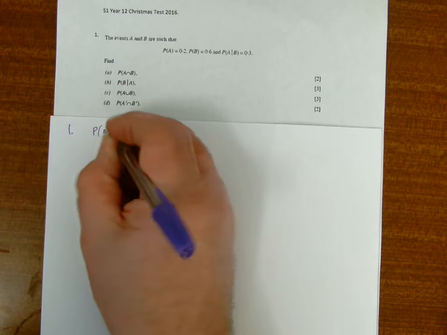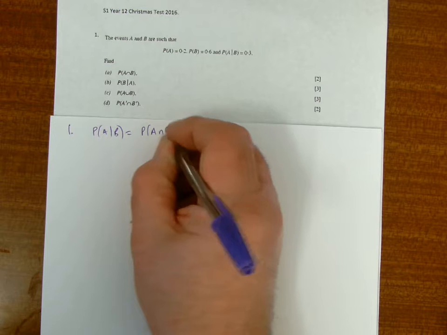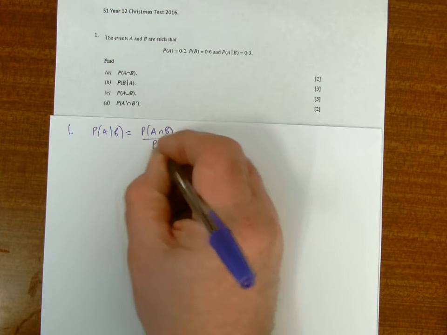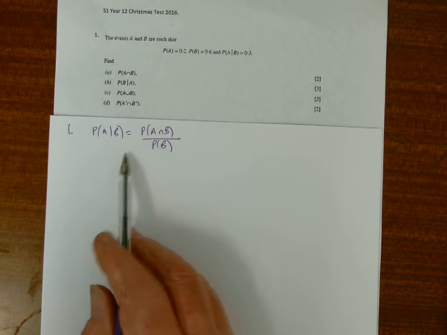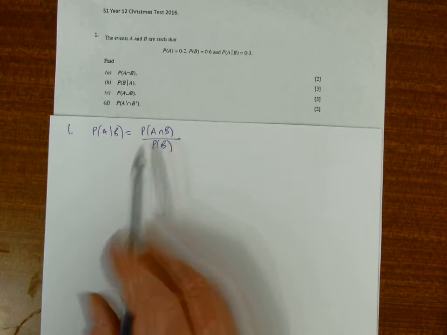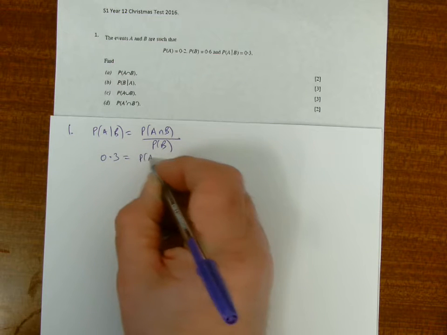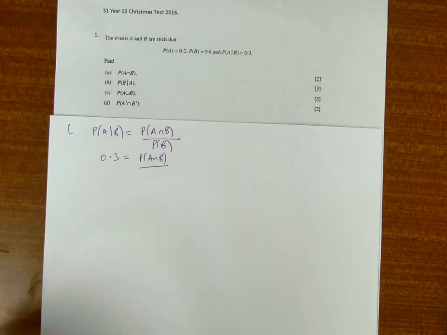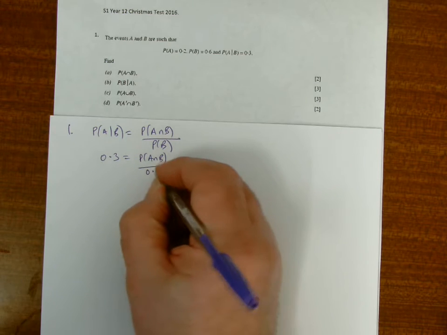Okay, so the probability of A given B, I replace the line with the intersection, A intersection B divided by the probability of B. And I substitute in, probability of A given B is 0.3. Intersection I'm not given, and the probability of B is 0.6.